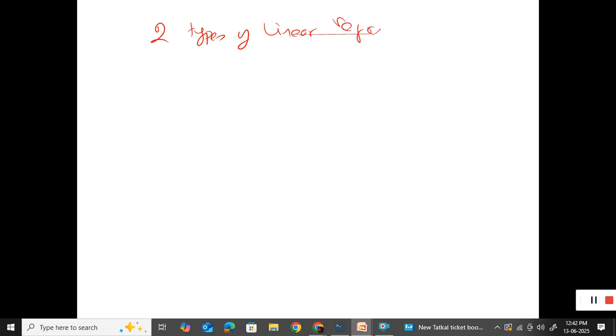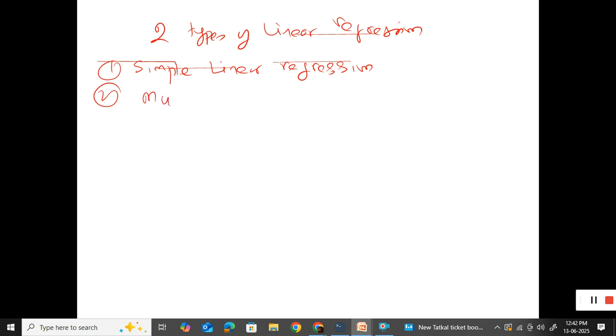So far we discussed only simple linear regression. One is simple linear regression, and the second one is multiple linear regression.